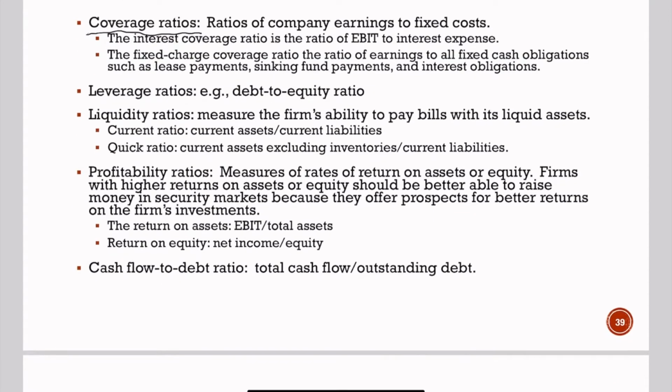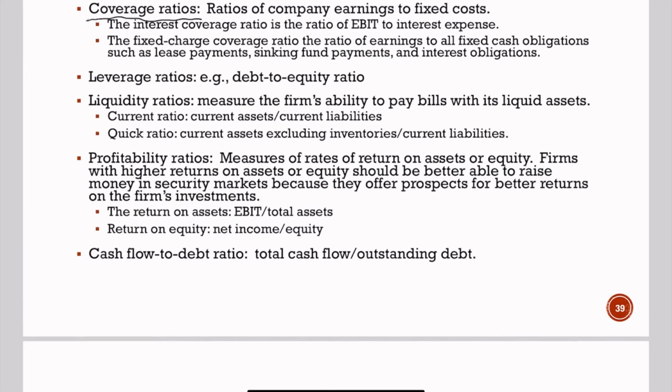I know we have not talked about sinking fund payments yet, but you will see this in the very near future. Okay, leverage ratio. Well, if you have taken corporate finance, then this is a very easy to understand ratio, right? So leverage ratio is basically the ratio of debt versus equity. Now, liquidity ratios. We talked about liquidity ratios when we were talking about financial statement analysis during the first lecture on equity analysis, right?